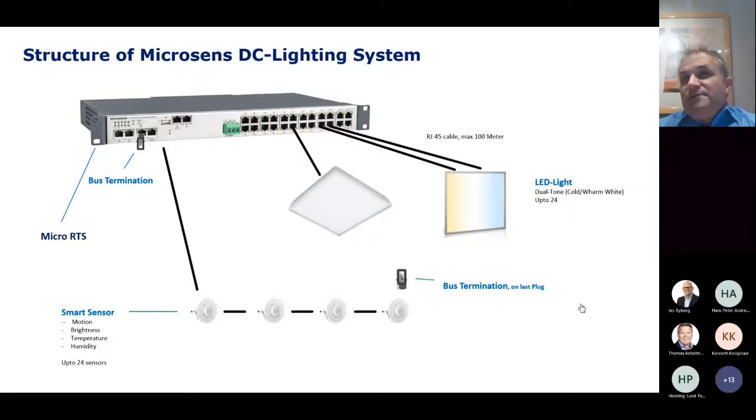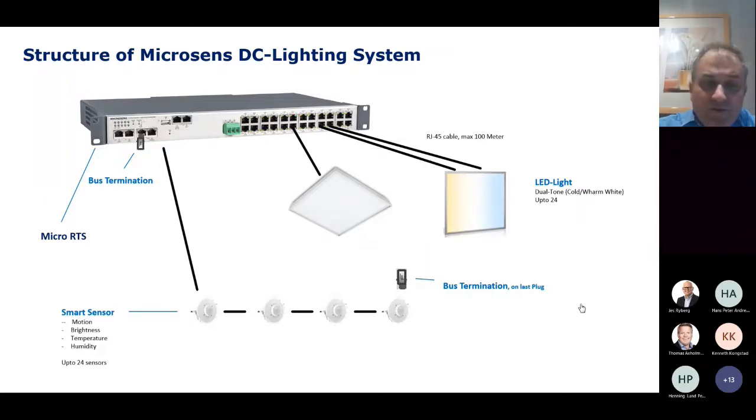The problem with the 100 meters is a clear Ethernet limitation. Here you can run this 100 meters directly from the device to the luminaire, and this is the only thing you have to keep in mind.